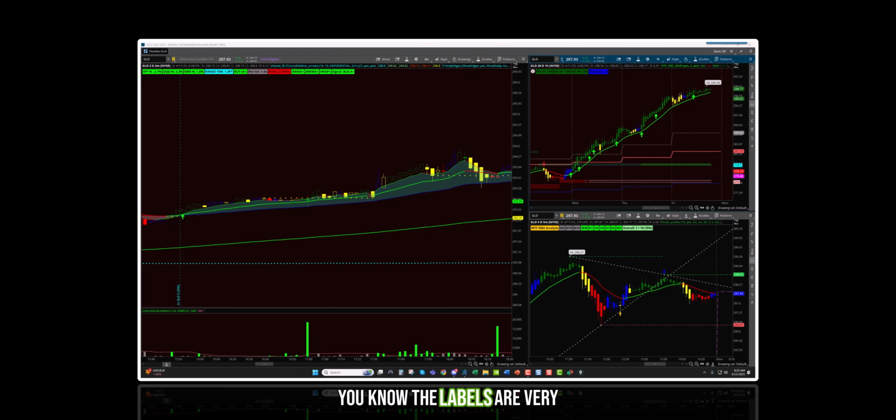You know, the labels are very simple. The SPY label right here is basically saying, hey, look, the SPY is greater. Qs and IWM from the open, 2.1, 2.2, 1.8. The last, we have a current buy signal that's going to fire. This is after hours, so it takes a minute for these to update.